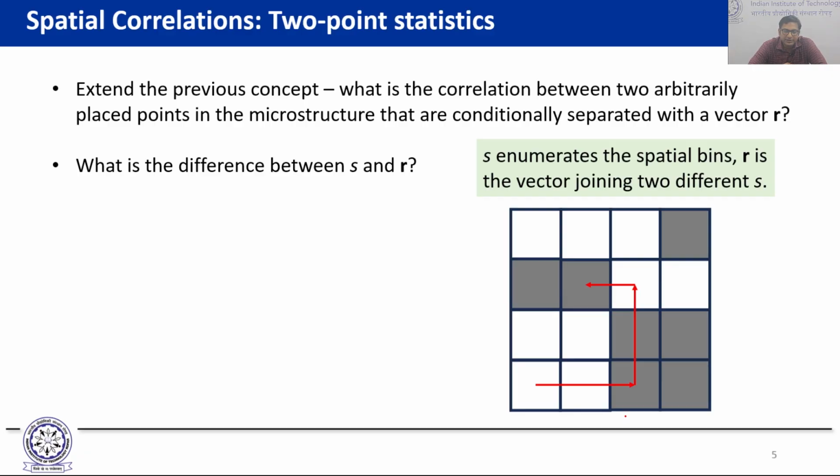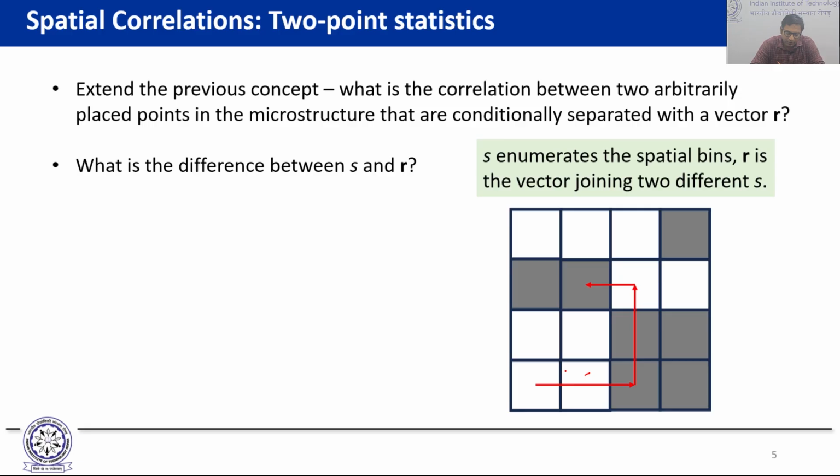What we are doing here is simply extending the previous concept, and we are trying to find the correlation between two arbitrarily placed points in the microstructure. One of course needs to define those points very well, and this is where we introduce the vector R, which is essentially the separation vector of those 2 points.